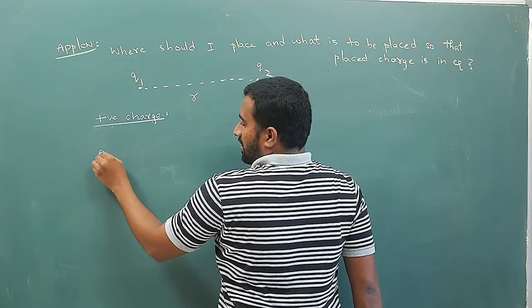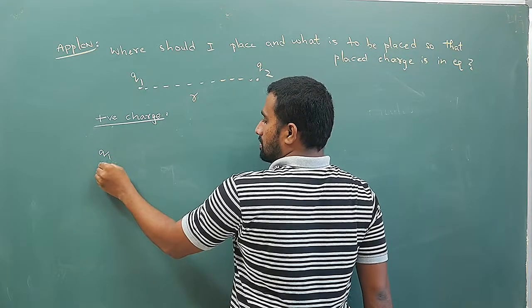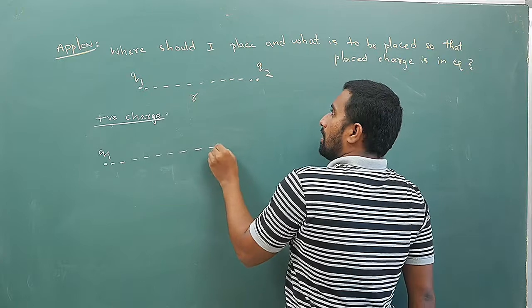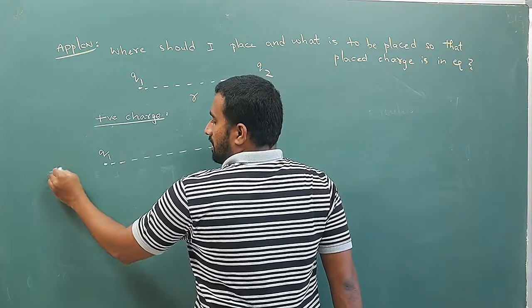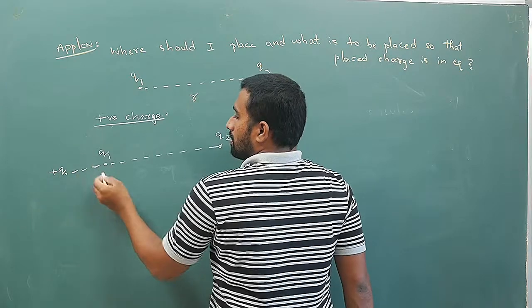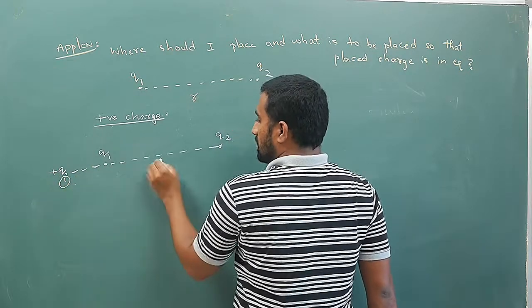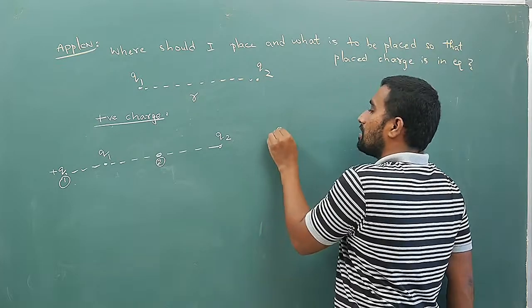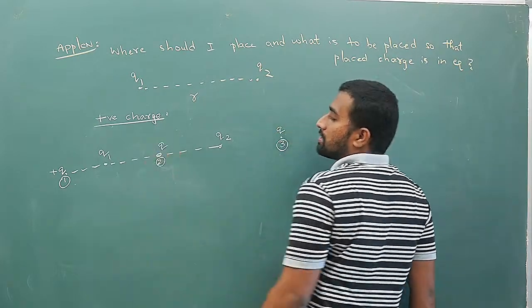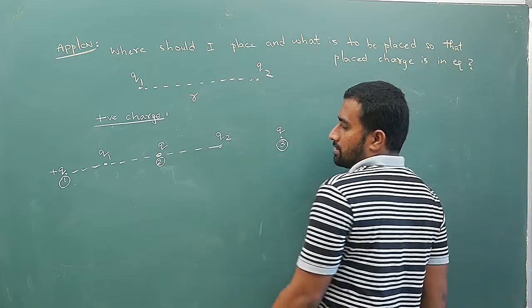Here I consider Q1 like this, and on this side I have Q2. Now if I am bringing plus Q charge here, this is position number 1, this is position number 2, this is position number 3. Let us say you are placing charge Q here in different positions like this.